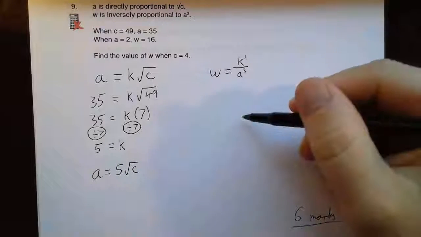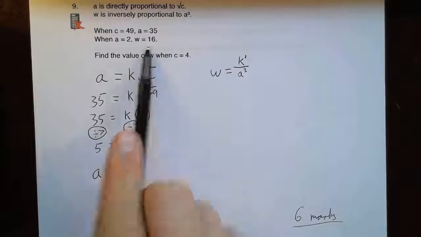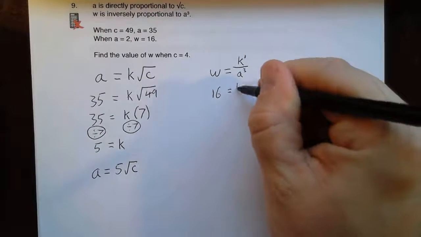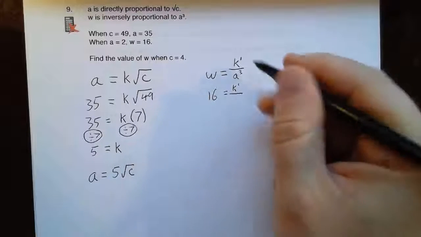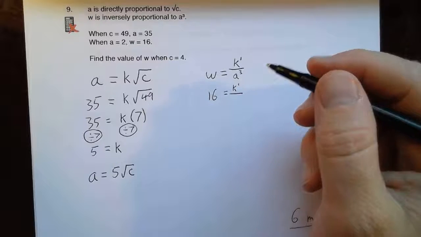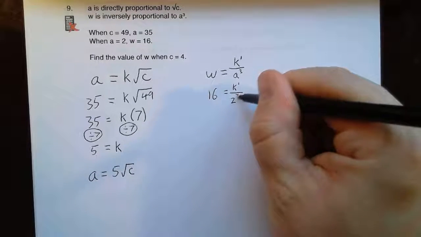Okay. Now I'm going to work with this one. I'm going to use this pair of values: when A is 2, W is 16. So 16 equals k dash, just making a distinction, over 2 cubed.